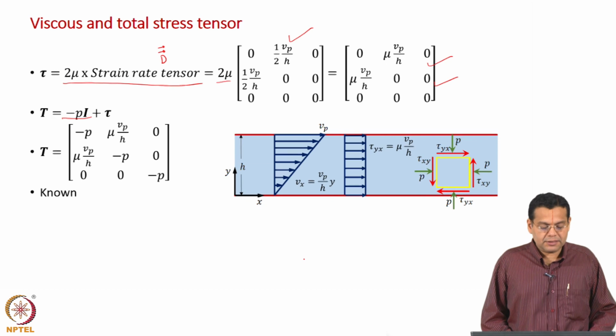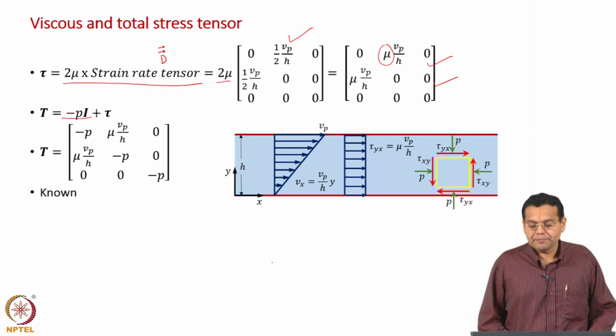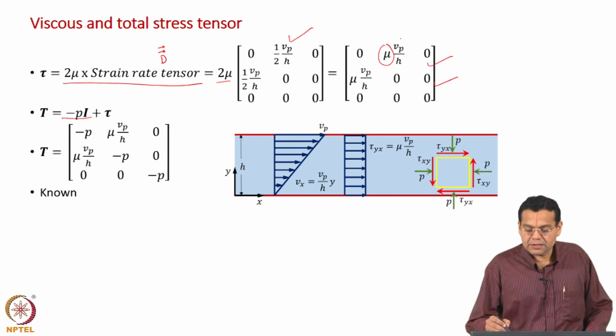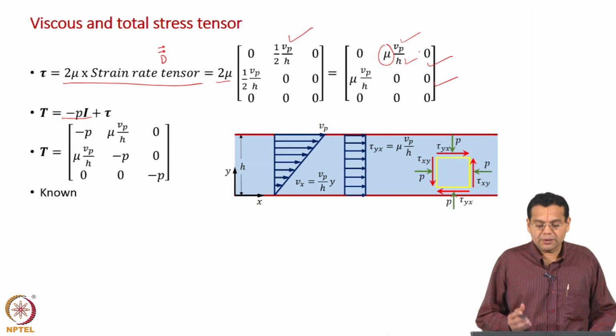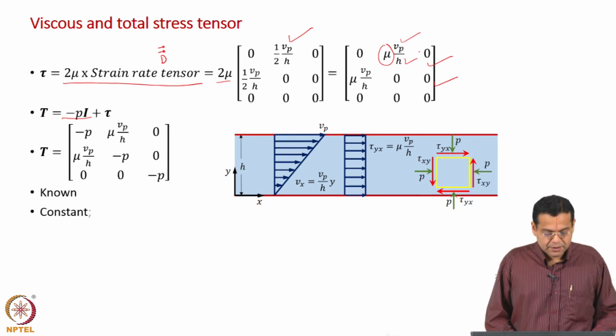What are the variables which describe the flow? One is of course the property of the fluid, mu, another is the velocity of the top plate, and another is the distance between the two plates. So, you are able to evaluate the viscous stress tensor and the total stress tensor. What is the other observation?